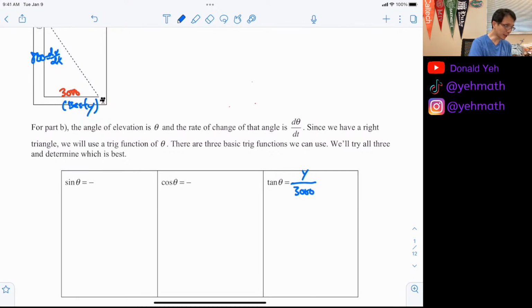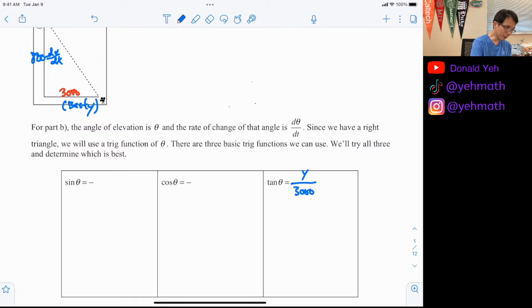Now, cosine theta, can I use that? Yes, I can, because that will be x over 3000. Oh, no, sorry, wait, I'm confused. So it's going to be, what, Max? I thought it was x over 5000.